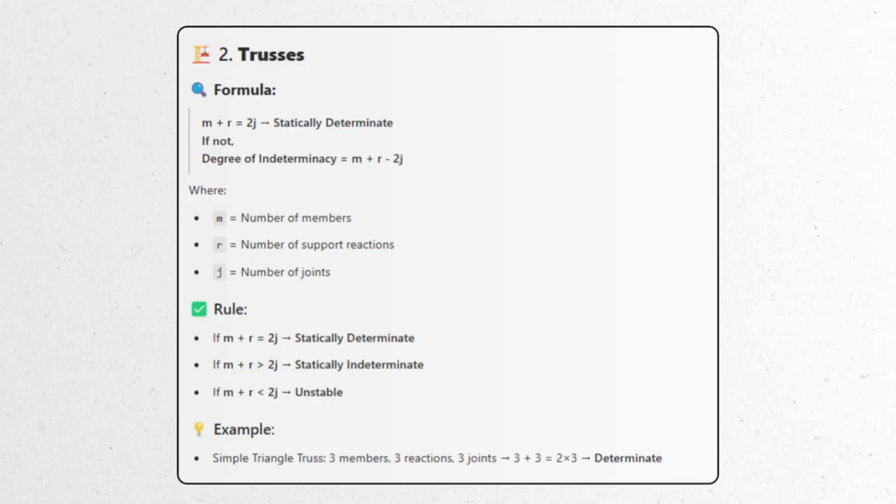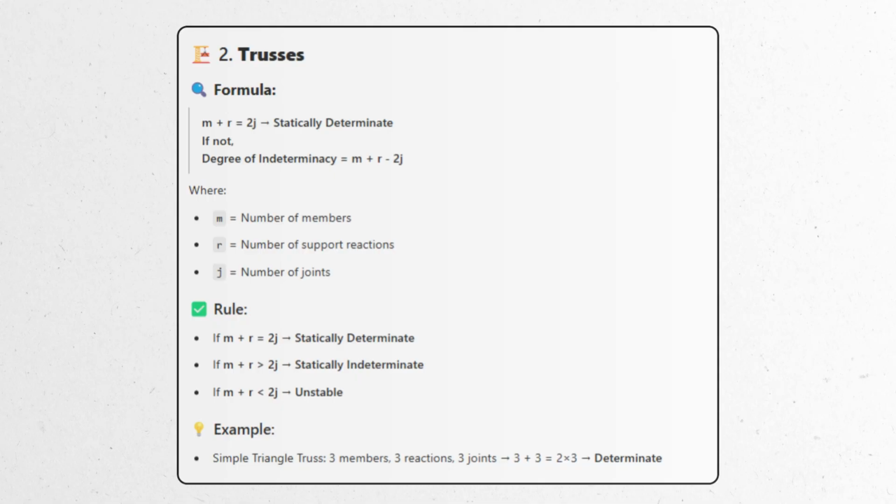Trusses. For trusses, we determine whether a truss is statically determinate, indeterminate, or unstable by using a member-joint relationship. The governing formula is degree of indeterminacy, D equals M plus R minus 2J, where M is the number of members, R is the number of reaction components, and J is the number of joints.